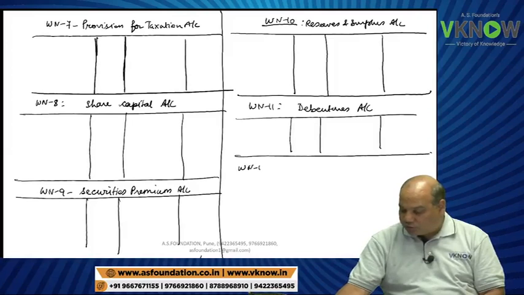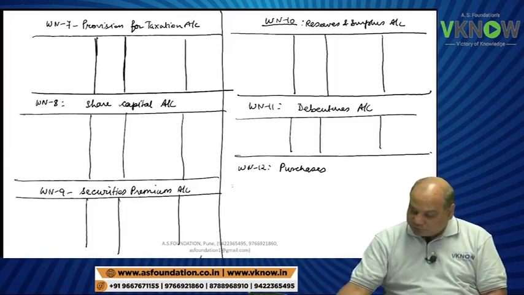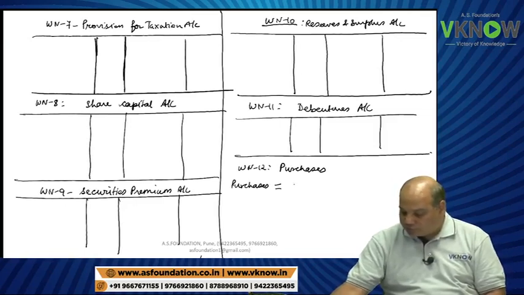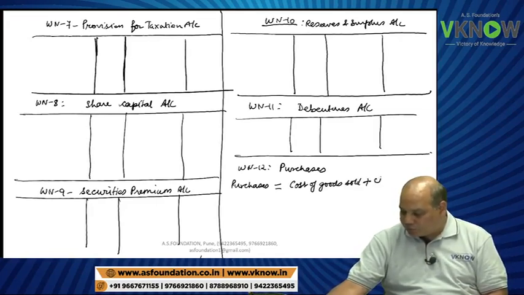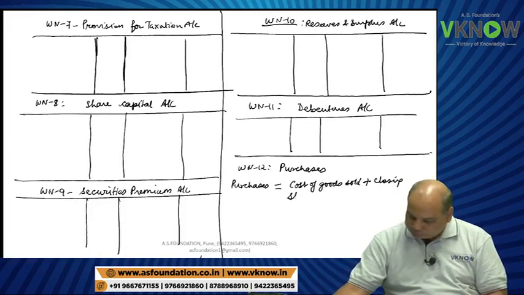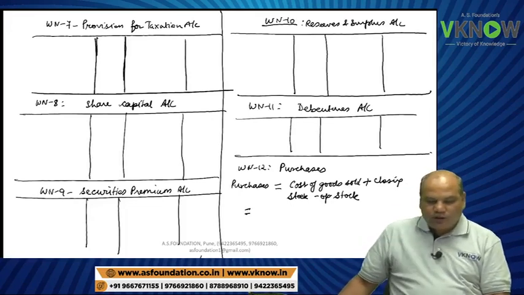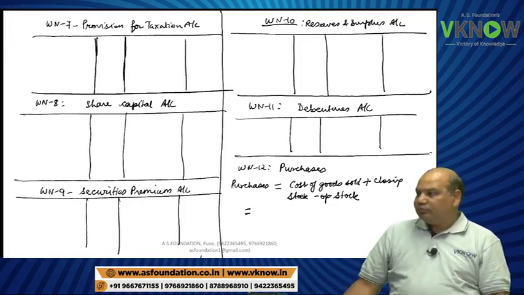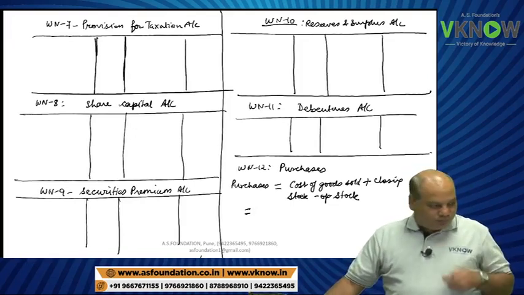And working note 12, purchases. Purchases formula I will write: purchases equal to cost of goods sold plus closing stock minus opening stock.